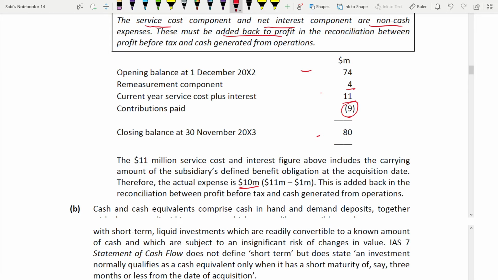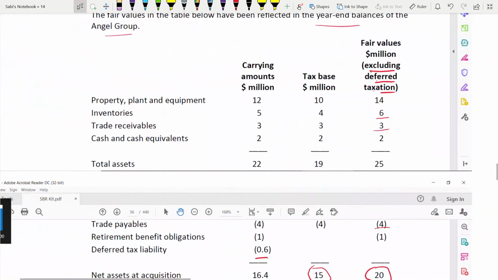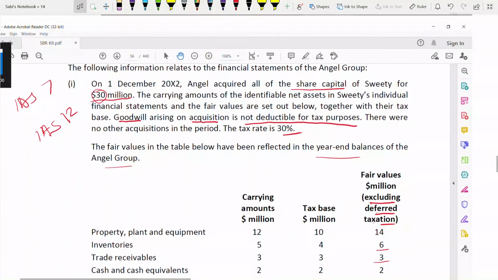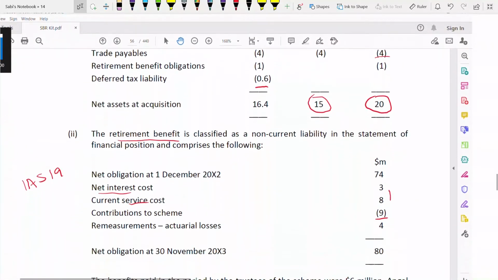Why? How? It is 11 minus 1, 10. That is actual expense. How? We have to go to that reconciliation process.